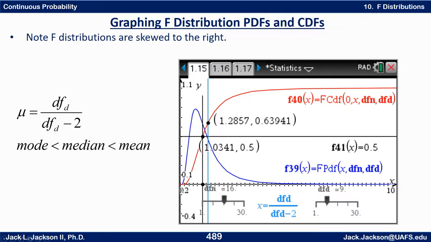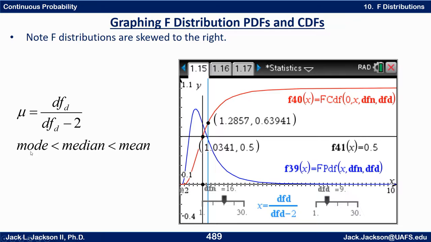Of course, notice that y is bigger than a half, so the mean is to the right of the median. To find the median, I'd graph y equals 0.5, which is this horizontal line here. You can see the formula for it there. Where that crosses and comes down, that x value right there is the median. You can see that the mode is right here at the highest point, which is even further to the left.